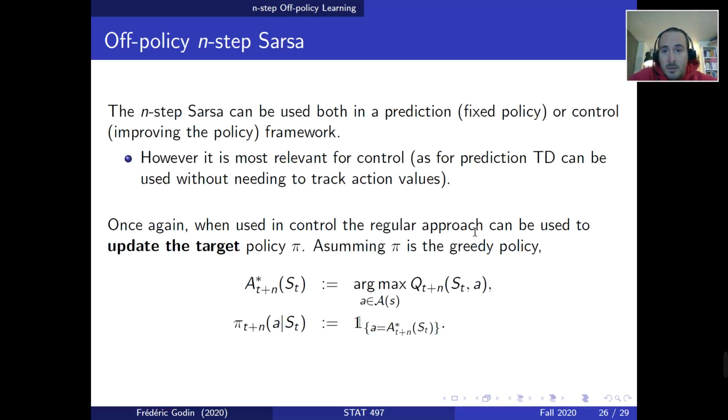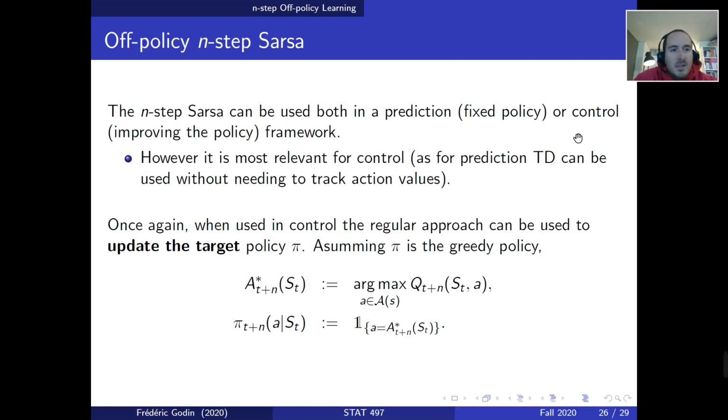Again, the n-step SARSA method can be used both in a prediction setting or in a control setting. What we've shown earlier was the prediction framework, where you have a fixed policy and you want to refine its estimate based on an n-step SARSA off-policy method.